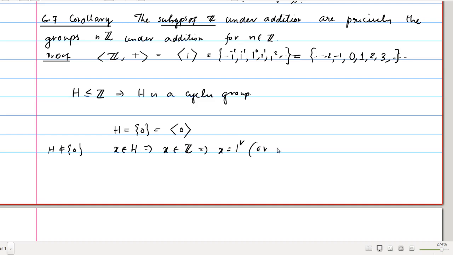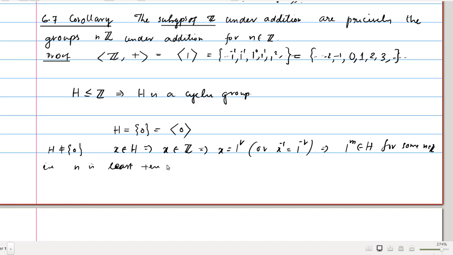Otherwise you can take x inverse, that is equal to 1 raised to minus R. So from this fact you can say that H contains at least one positive power, 1 raised to m for some m belongs to Z.